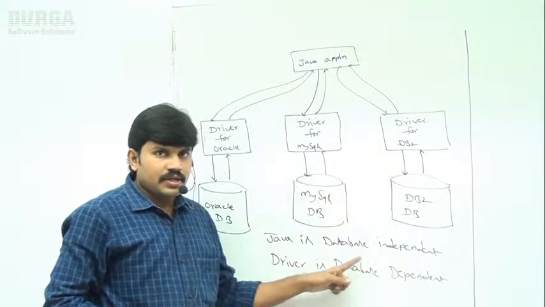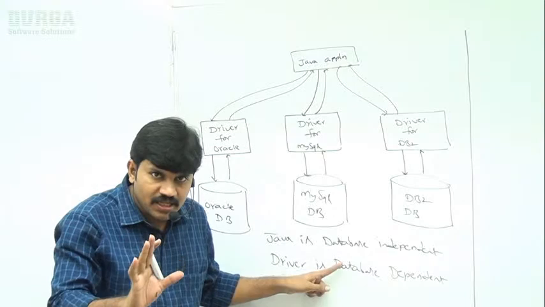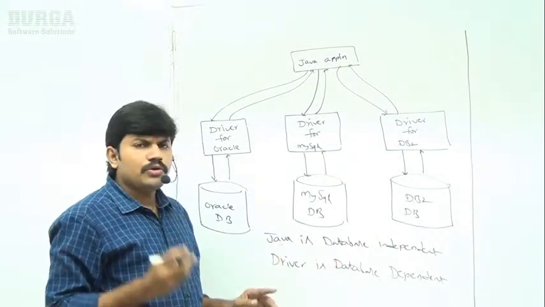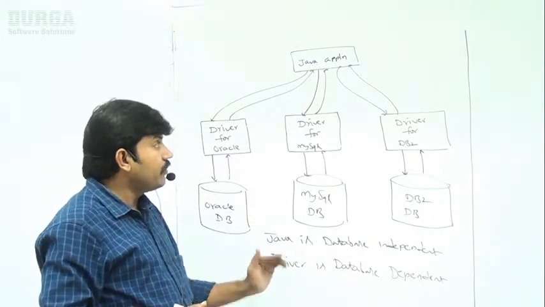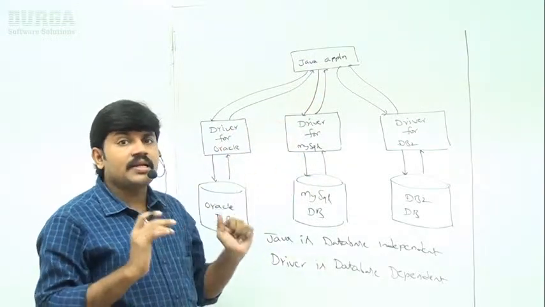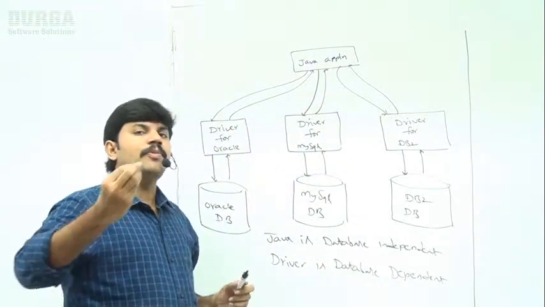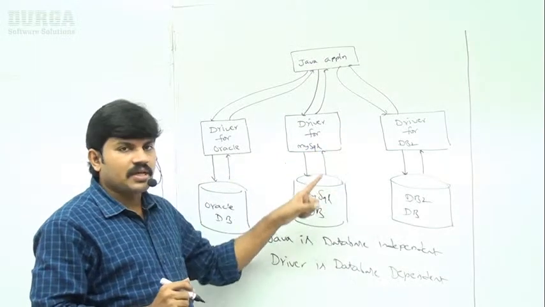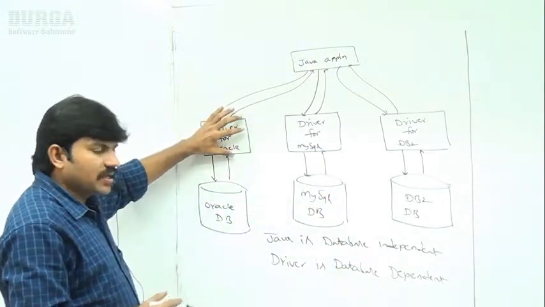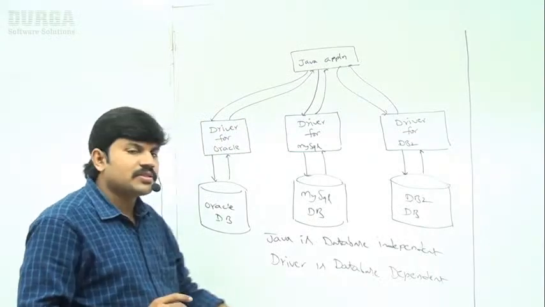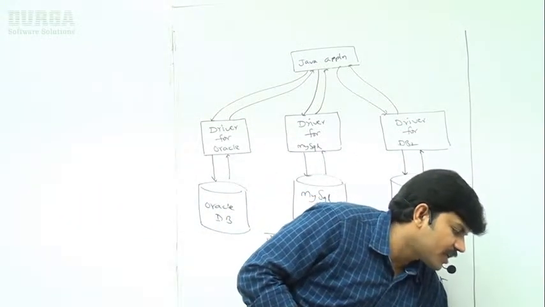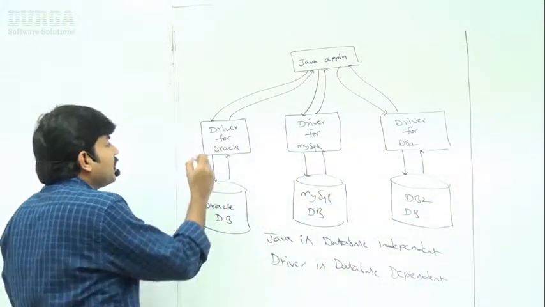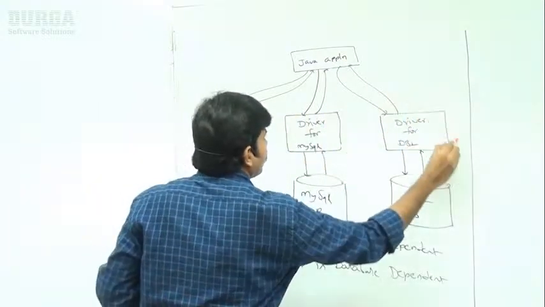Is it clear for all of you? You should be aware, sir, how Java is database independent. Who is going to take care of the corresponding database conversion? These are drivers, sir. Because of this driver software, Java becomes database independent, right? Everyone can understand, right?